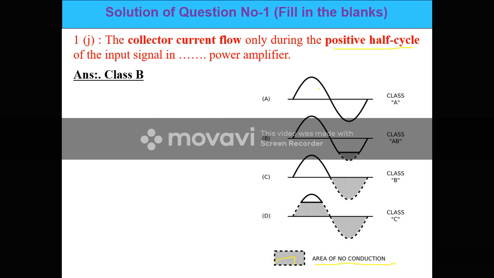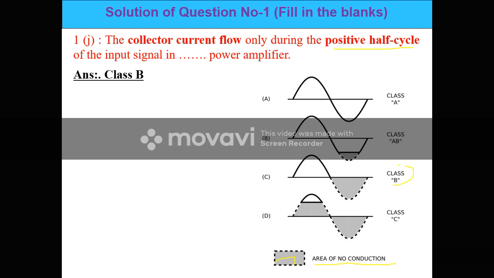In class A, both sides pass, that means current flows for both the positive as well as the negative input signal. In class AB, the positive is fully passed, but a small part of the negative signal will not pass. But in class B, only the positive cycle passes and the negative cycle does not pass.